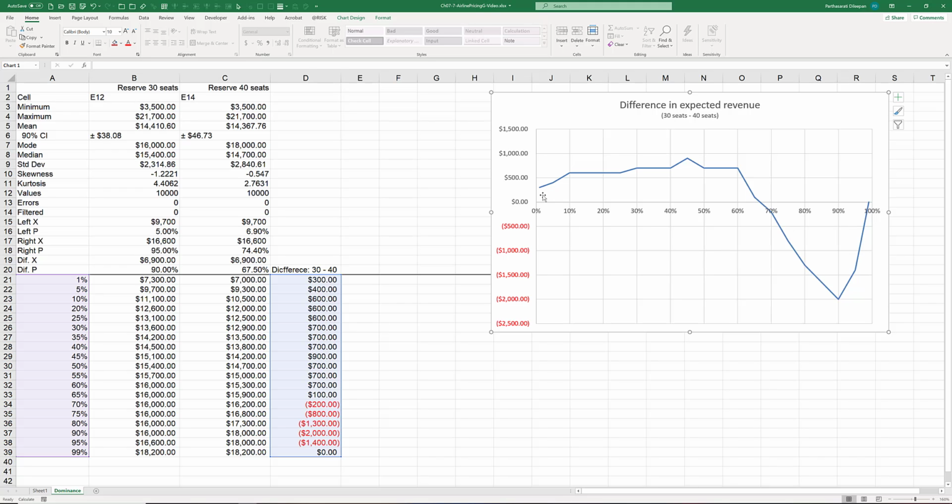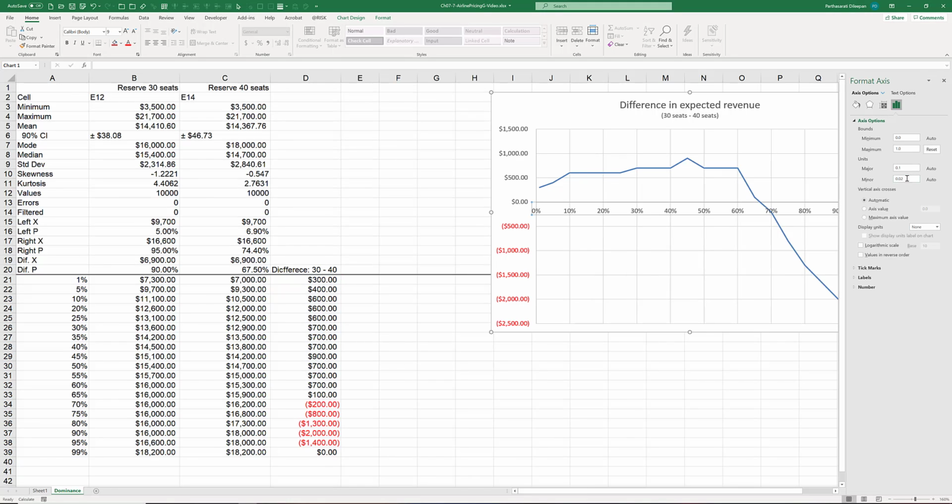And we're going to do this in an approximate way. So these are going from 1 to 5% to 10%. So let's change the tick marks to 0.05.